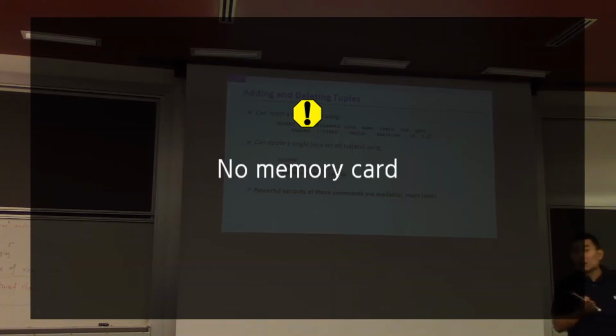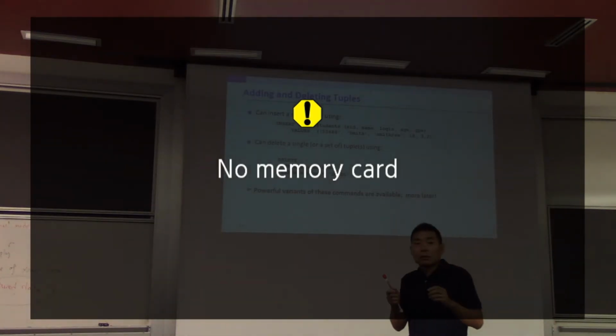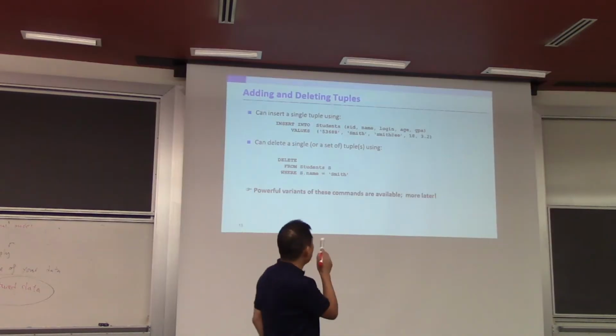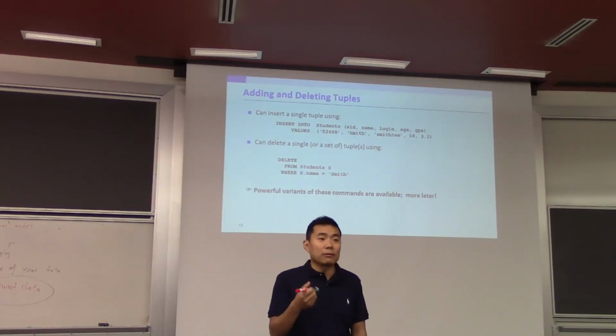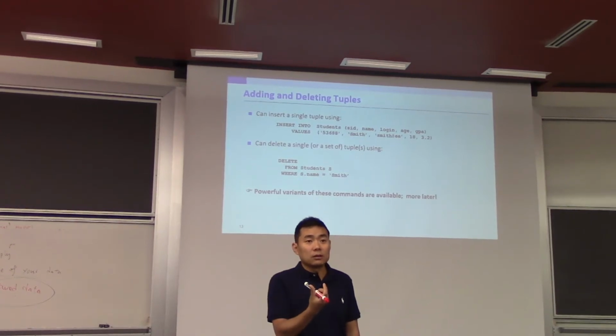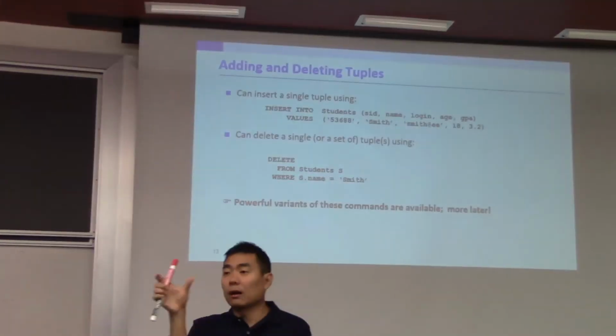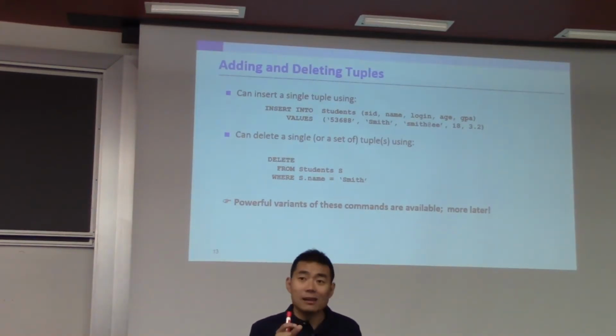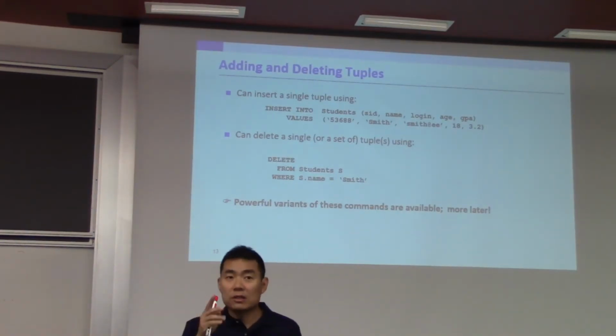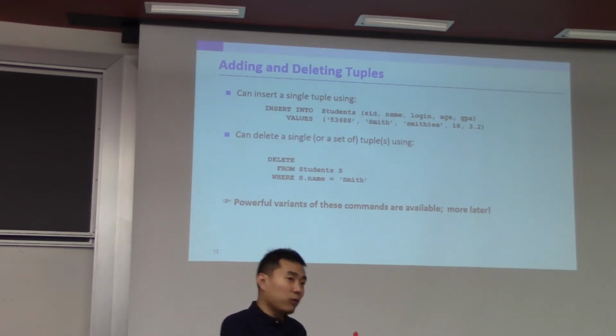Does that make sense? Right? So in that case, I will specify values for all the other fields, the SID, name, login, and age, but I'm not able to specify a value for the GPA field. So in that case, you do have to supply a list of attributes so that the underlying database engine knows exactly which set of values you are specifying.